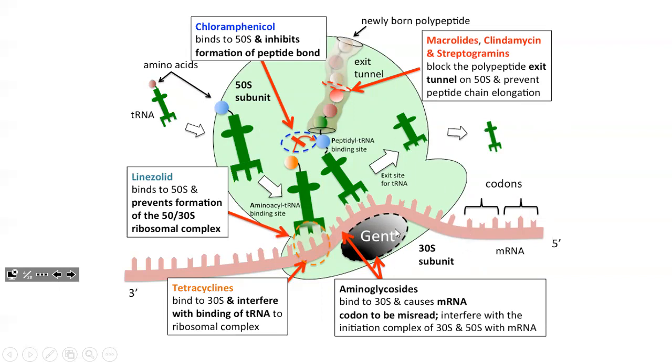We can see how the aminoglycosides cause a distortion of the messenger RNA, and that causes erroneously read messenger RNA. That will lead to the formation of erroneous amino acids and faulty peptides.